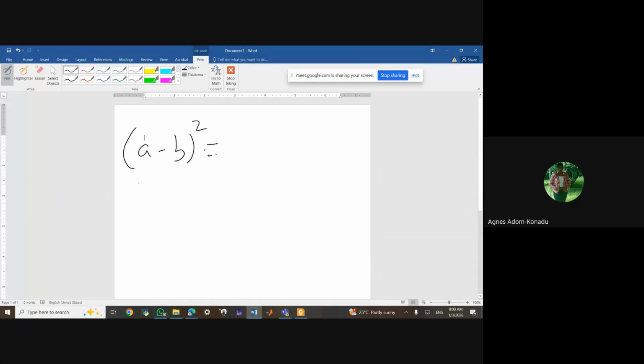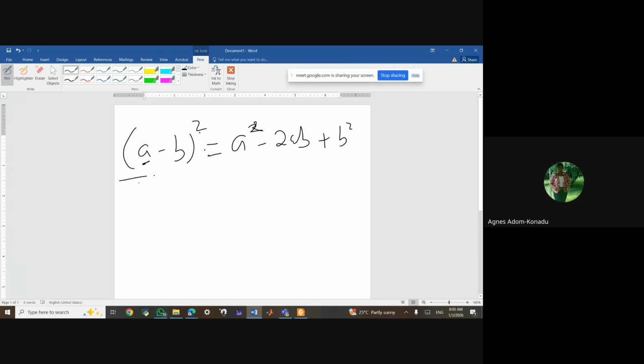A minus B all into bracket times A. This one will give you A squared, but we were told that it will be A squared minus 2AB plus B squared. You know this. Yes.